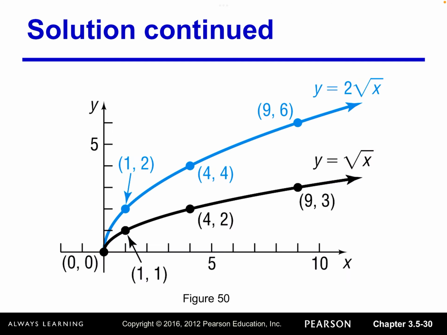From the graph point of view, the black one is the initial square root function. Now you vertically stretch by 2: when x remains the same, y times 2. Here, the point 1, 1 becomes here, with the same x and y times 2.